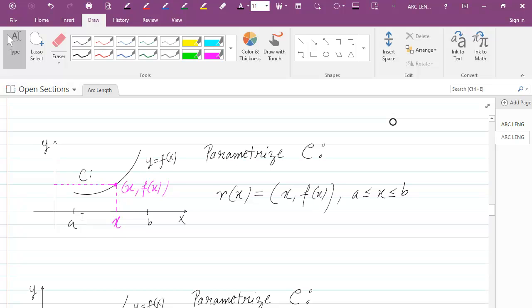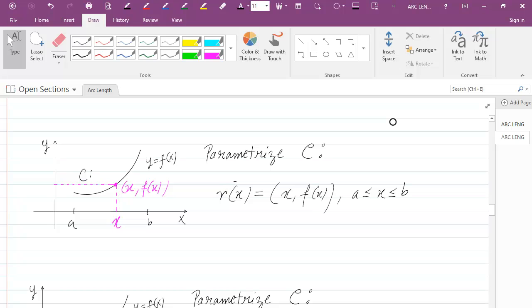As x varies from a to b, x, f of x traces all the points on C. So we define this vector function r of x to be the vector x comma f of x, and then clearly r of x parameterizes the curve C.